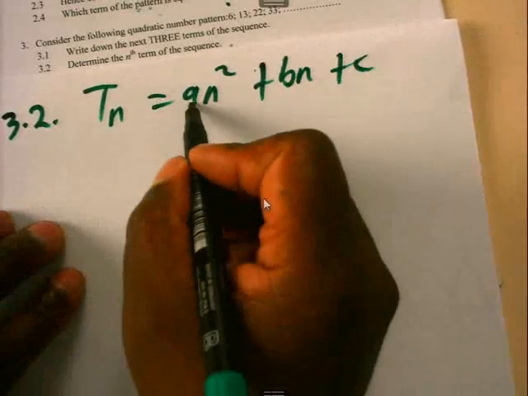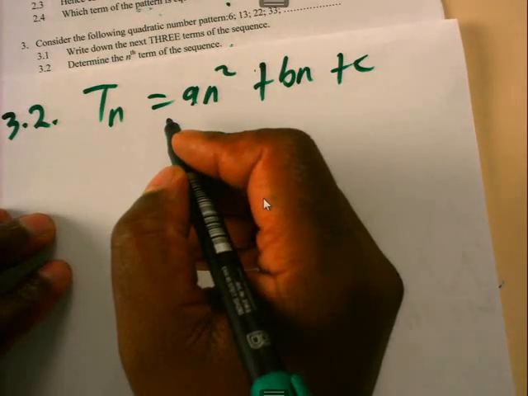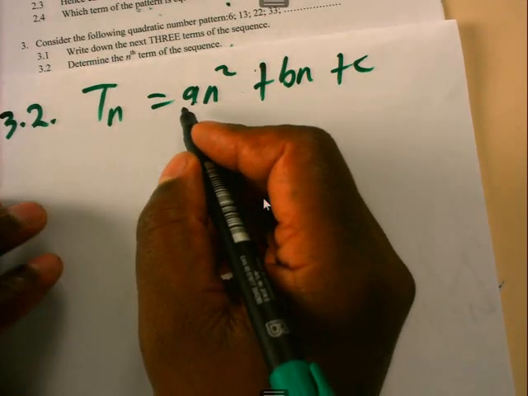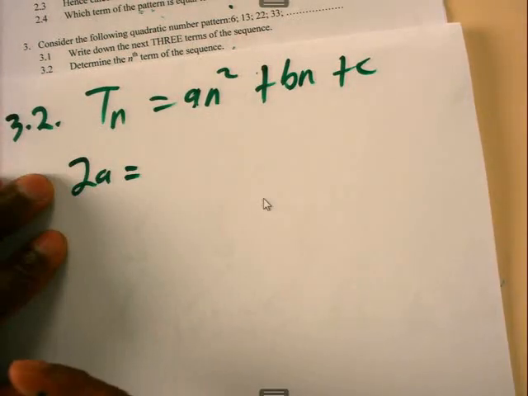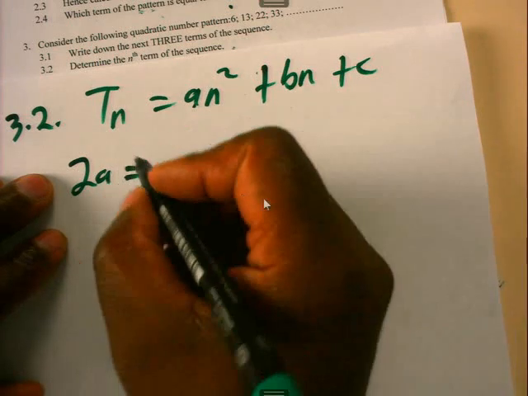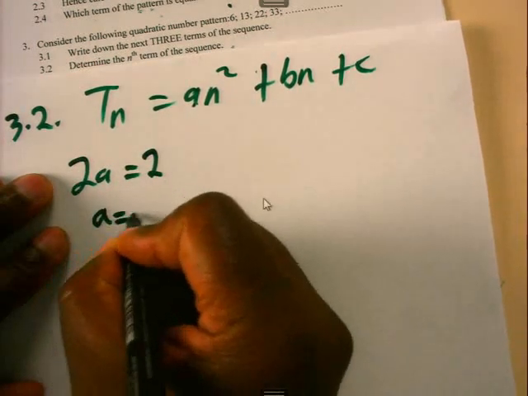How do we determine the value of a? Remember, 2a is equal to the second difference, which in this case was 2. So 2a equals 2, and a equals 1.